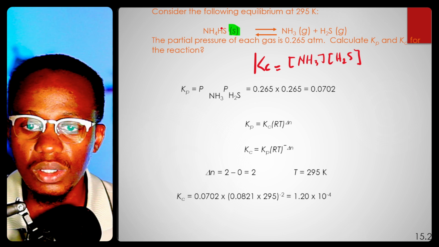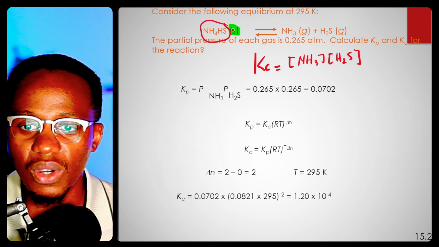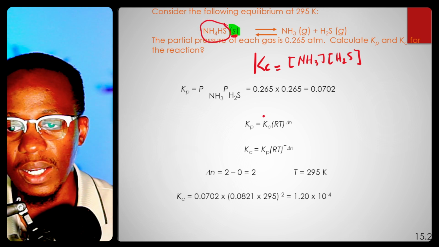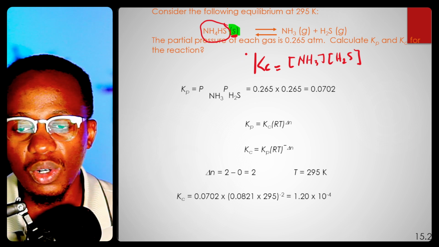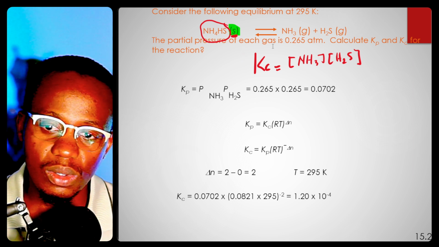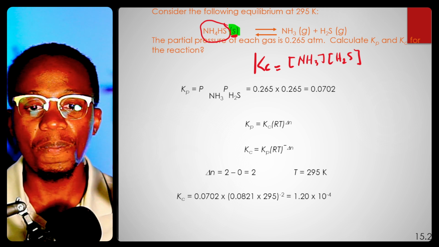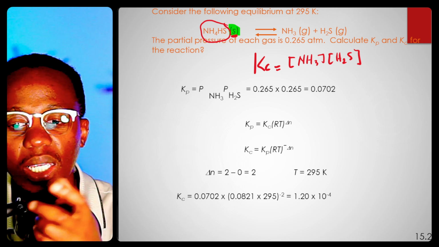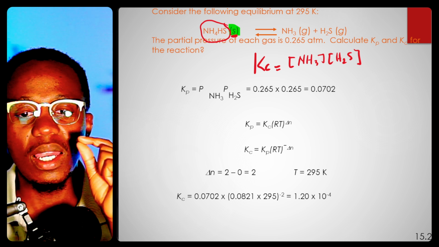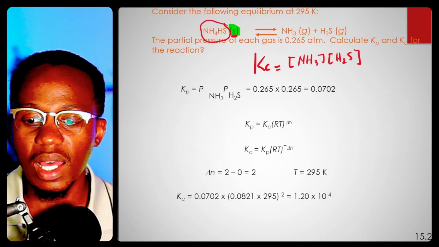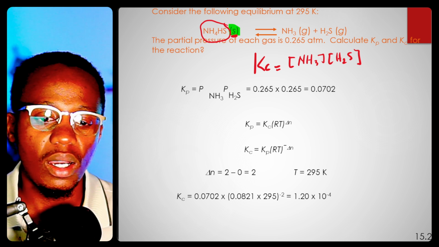I will not put it over NH4HS, because it's solid. If it's a solid or pure liquid, we don't use it. We only use it when it's gas or aqueous, because those are the things that are mixed in the solution. They can actually undergo the reaction. The other ones cannot.